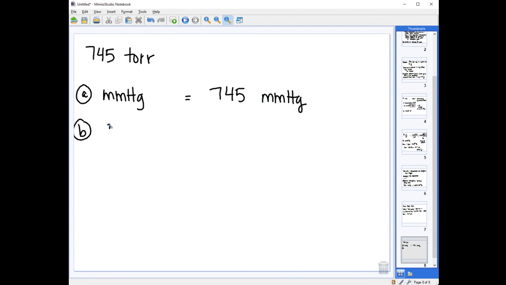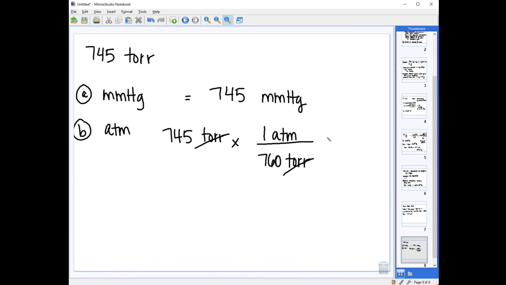B asks us to convert that to atmospheres. So now we're going to have to use a conversion. We're going to start with what we know, 745 torr. We know that 1 atmosphere is equal to 760 torr. So I'm going to set up my conversion this way, so that torr is on the bottom and I can cancel that out.